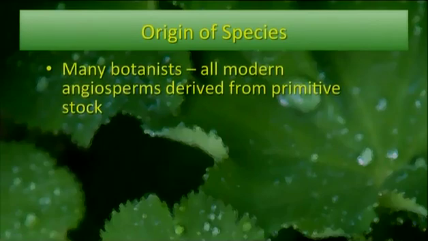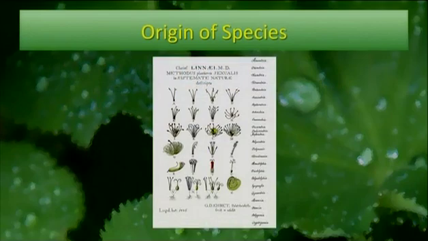So, many botanists believe that all modern angiosperms are derived from primitive stock. And this primitive stock had those particular characteristics, the many parts and the flattened anthers, etc. Here's a book from Linnaeus's work, and here you actually see the anthers.